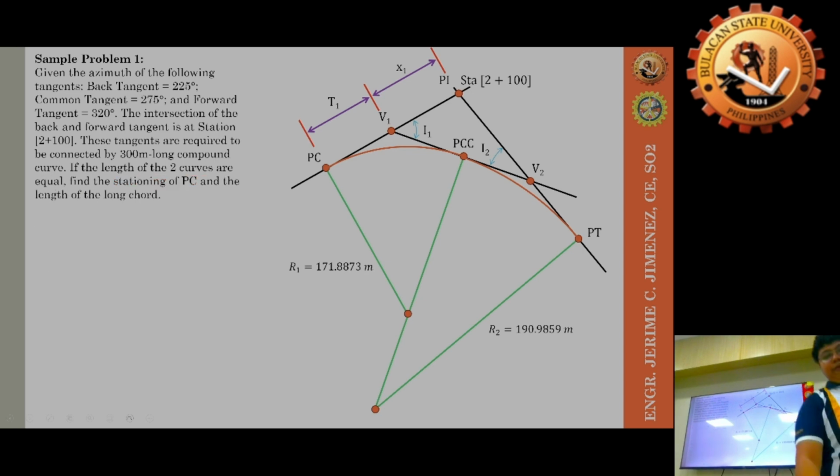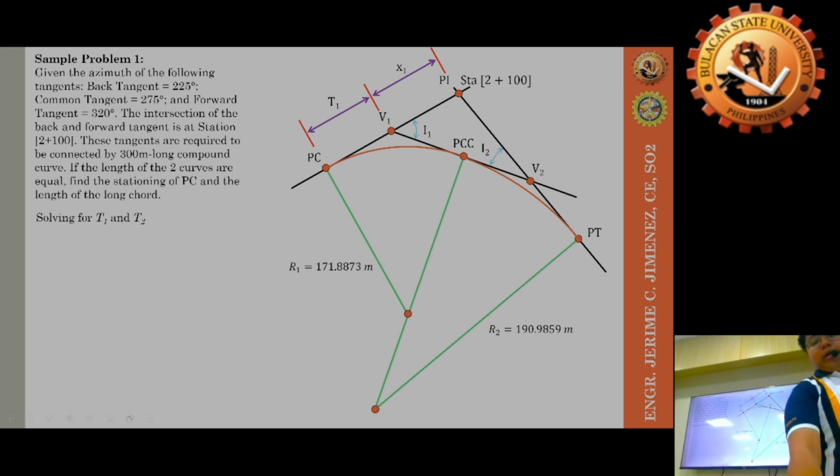Now, we can solve for T sub 1 and T sub 2. So, paano natin isosolve si T sub 1 and T sub 2? R tan I over 2. Very good, very good. So, R tan I over 2. Given na si R, na-compute natin yung radius sub 1 and radius sub 2, na-compute na rin natin yung central angle or yung I sub 1 and I sub 2.